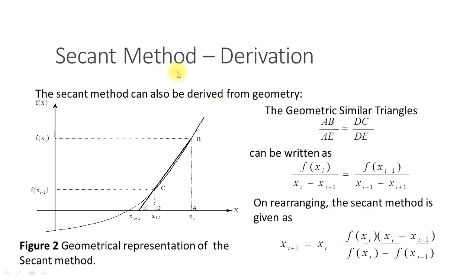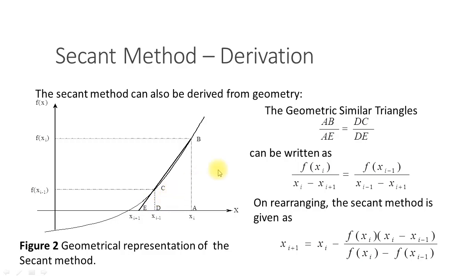Now, this is the second process for the derivation of the secant method. There are two similar triangles.